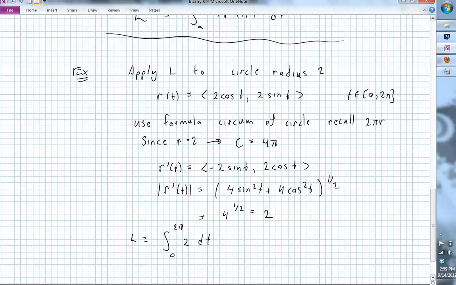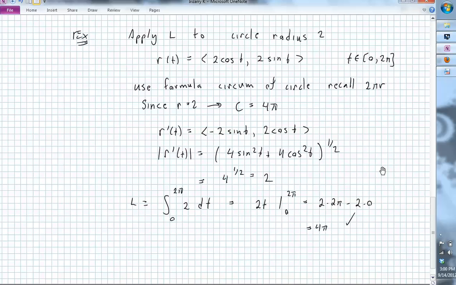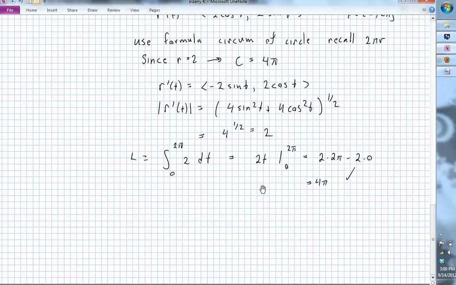And now it's just a Calc 2 problem. Reassuring, not earth-shattering, but reassuring. All right, let's do this to a somewhat more interesting example.